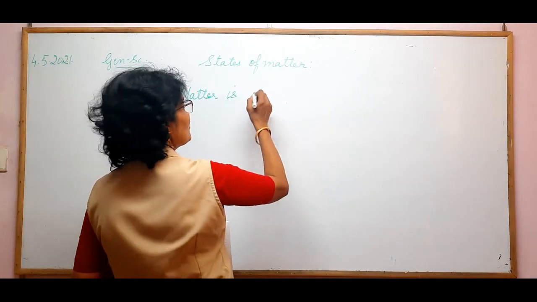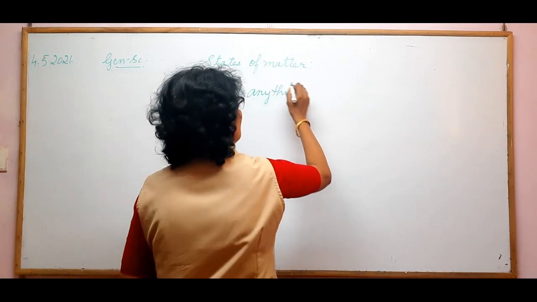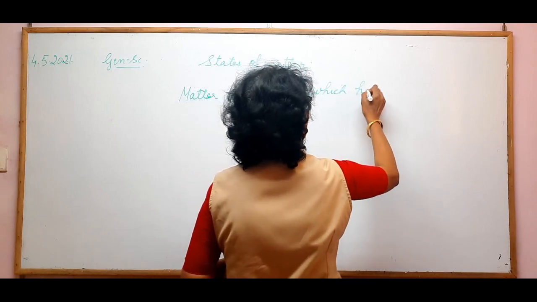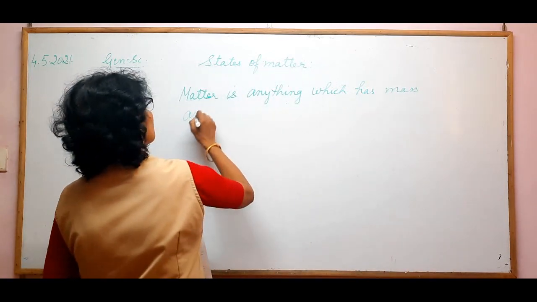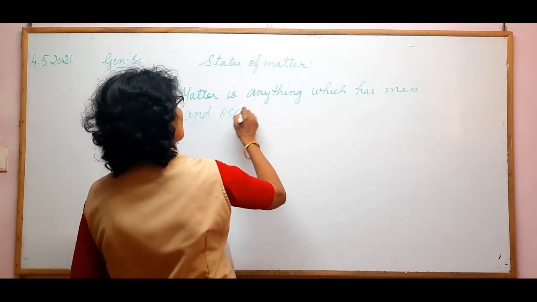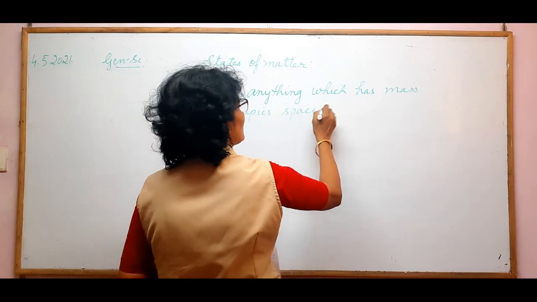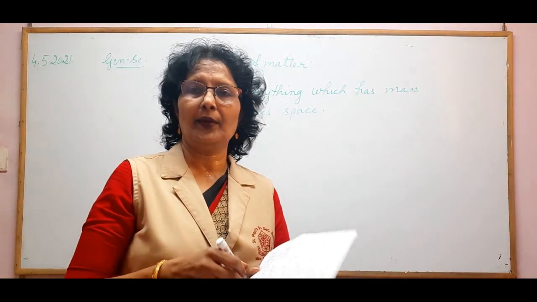So you can define it. Matter is anything which has mass and occupies space. Anything which occupies space is called matter.